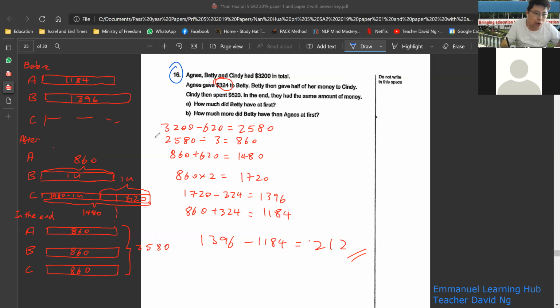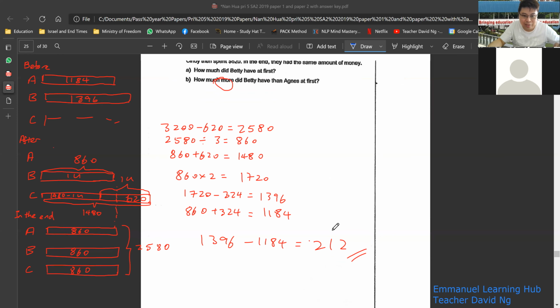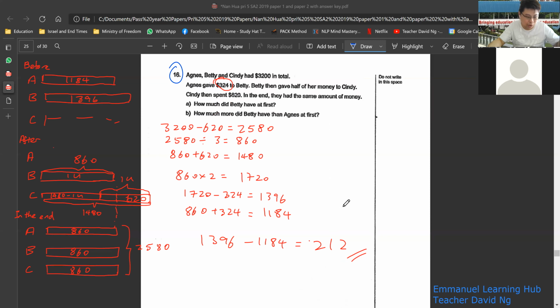That means where model drawing is concerned, it's not a must to draw A, B, C for all, so long as it helps you get the answer. Your marker is not going to mark your model. The model is for you to do the question, to aid you. Because you already answered the question, correct?